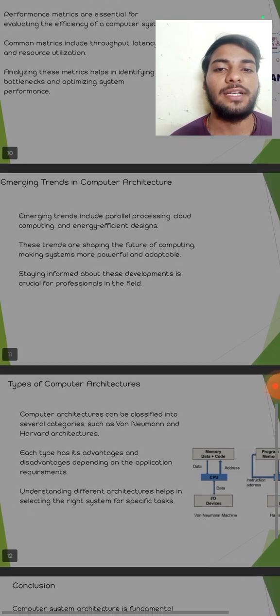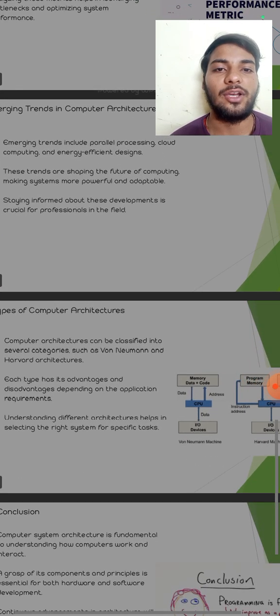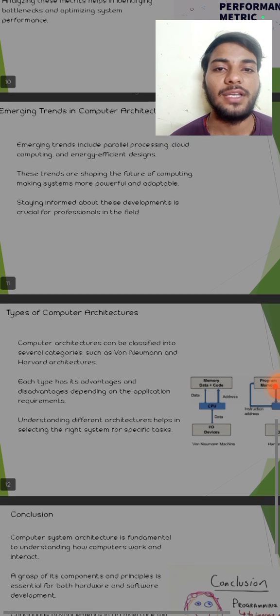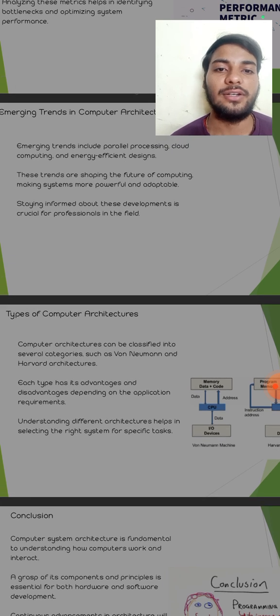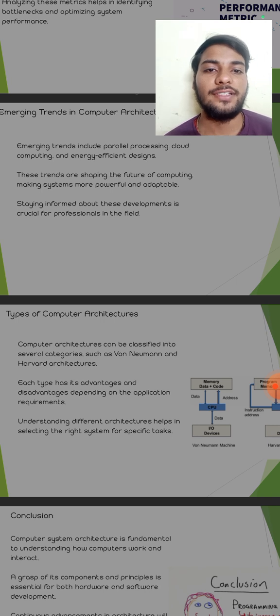And next we have the emerging trends in computer architecture. The emerging trends include parallel processing, cloud computing, and energy efficient designs. These trends are shaping the future of computing, making systems more powerful and adaptable. Staying informed about these developments is crucial for professionals in the field.